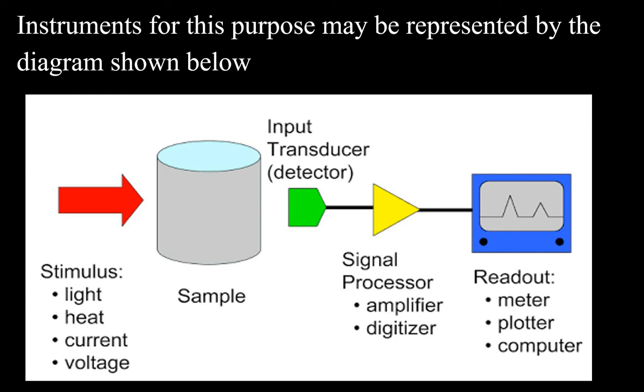Then amplification of that particular signal is carried out with the help of the signal processor or digitizer. Then the result is read out with the help of the meter, plotter or the computer, which is shown here.